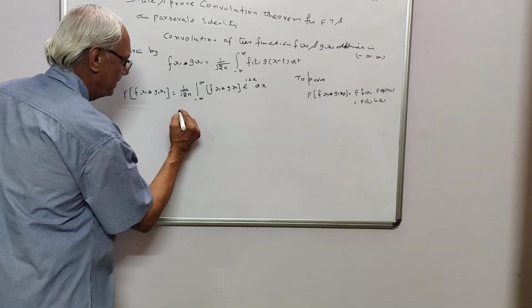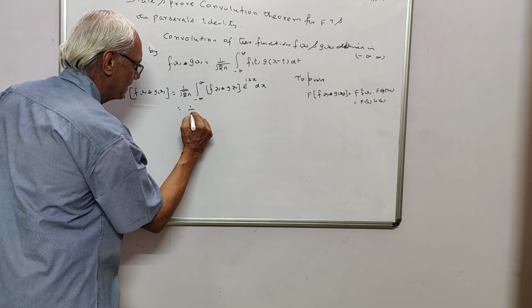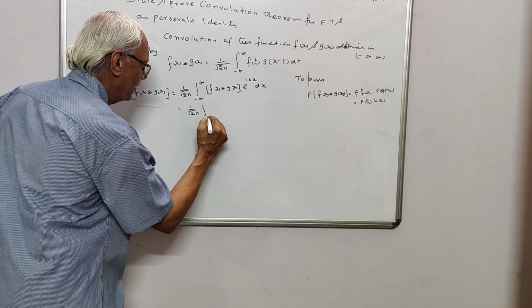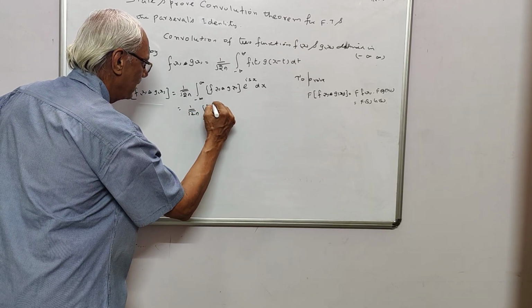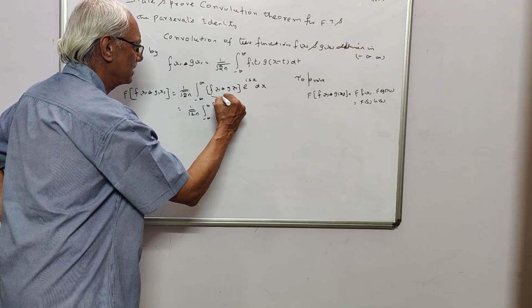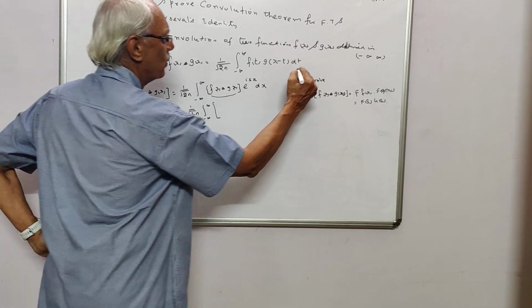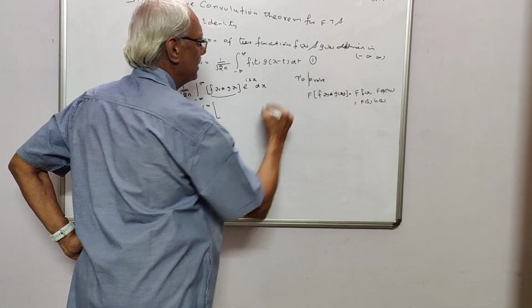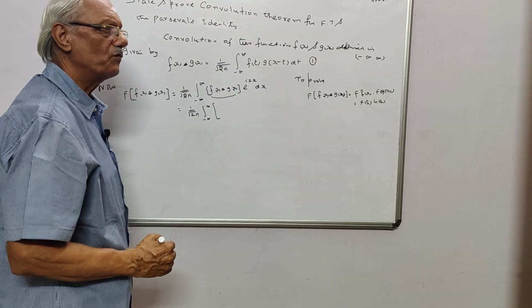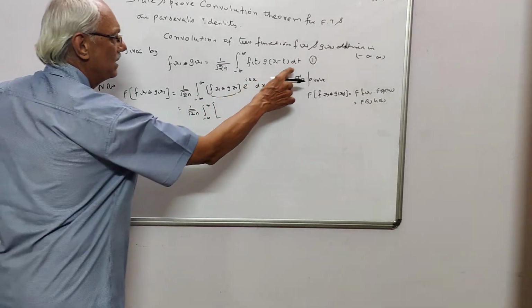Now just follow how I write this step by step, without any confusion. I will open a bracket and give the definition of the convolution. Call this as 1. So you must be able to write this in form 1. What will you write?